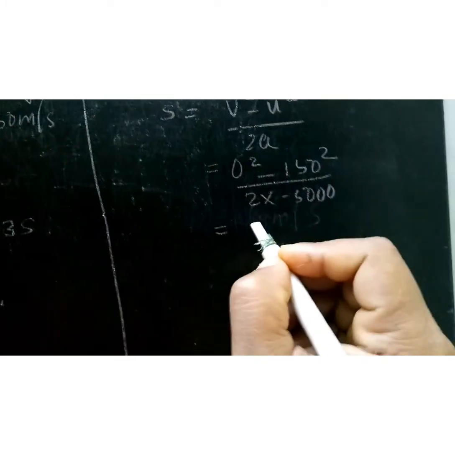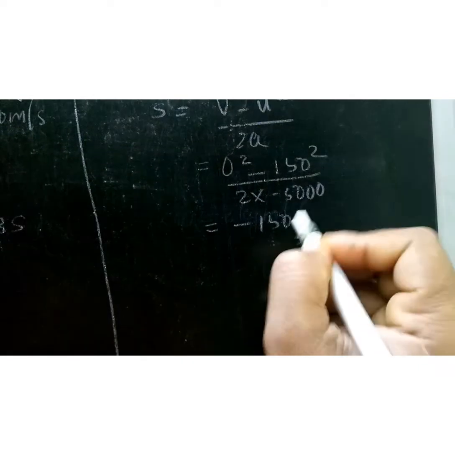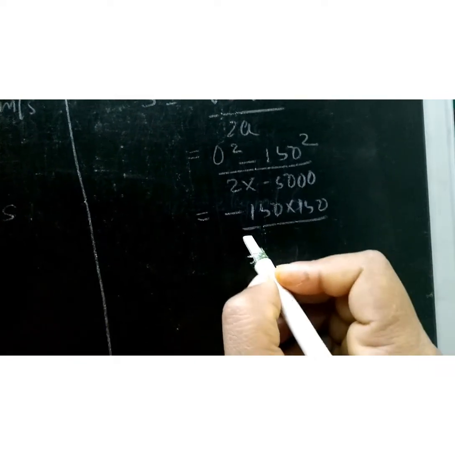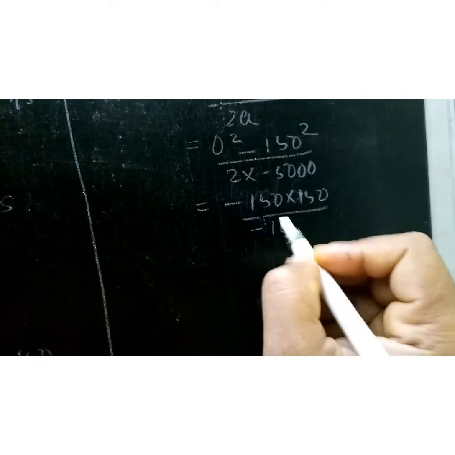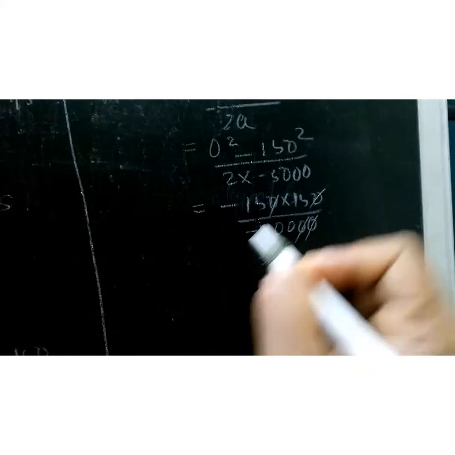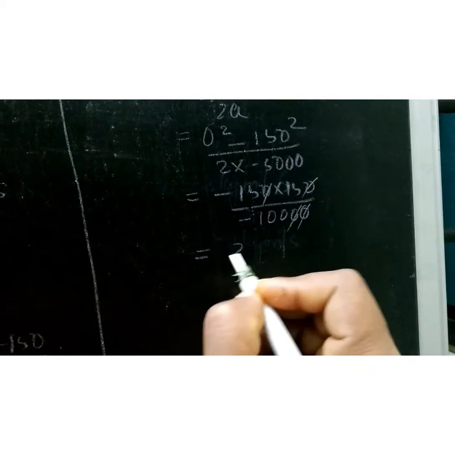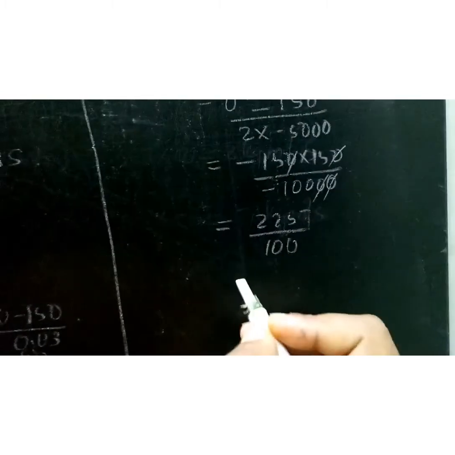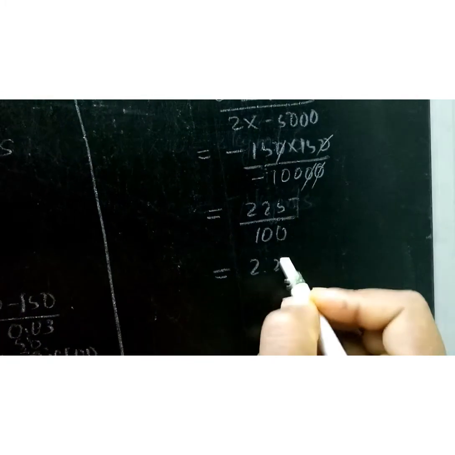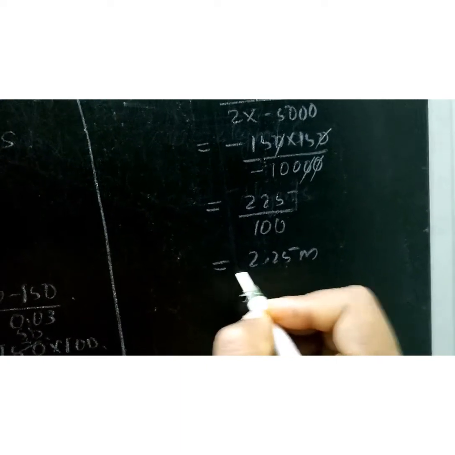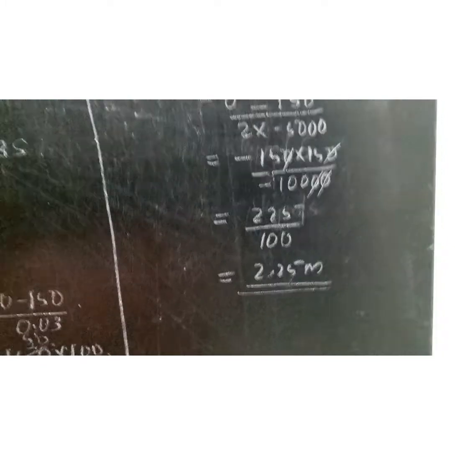So negative 150 into 150 divided by negative 10,000. Zeros get cancelled and 15 into 15 is 225 divided by 100. So that is equal to 2.25 meter, because it is in SI unit, isn't it?